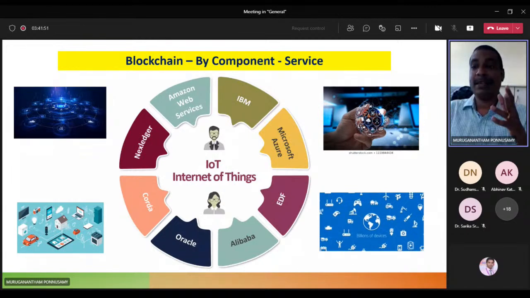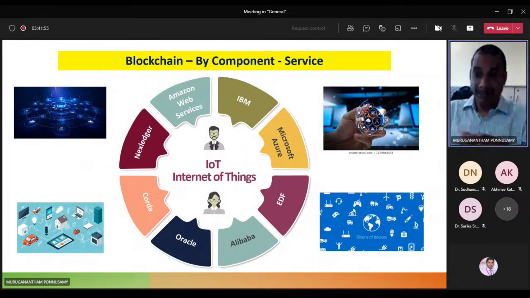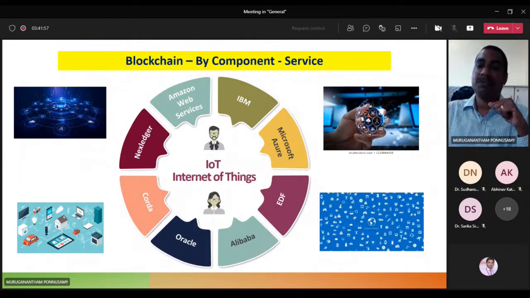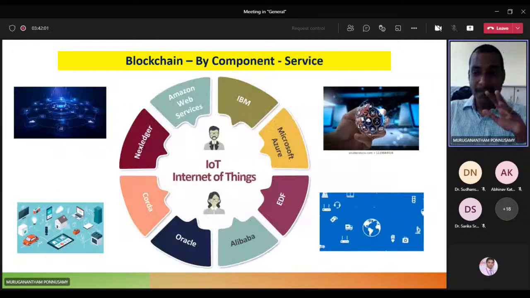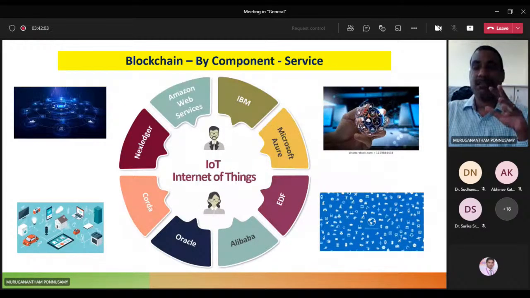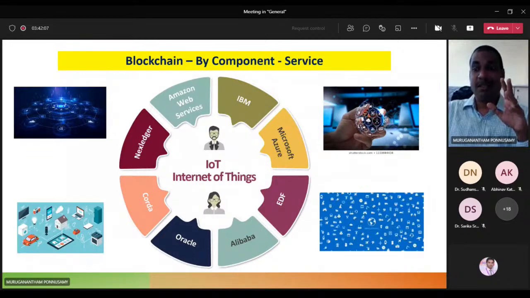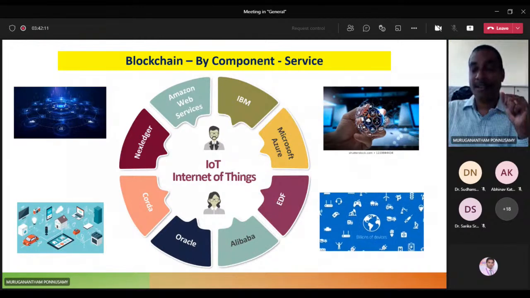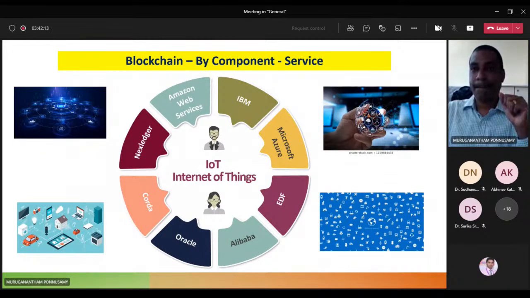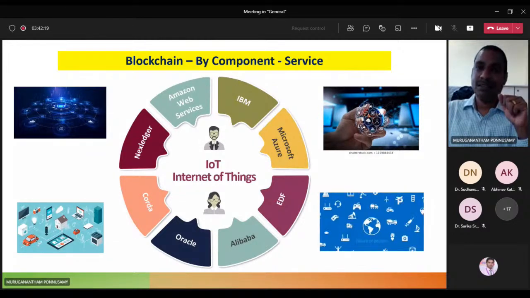Similarly, some examples for service. Maybe familiar terms are here for you: Amazon Web Services, IBM, Microsoft, Oracle, and the famous seller Alibaba from China. Next Ledger is owned by Samsung. Baidu.